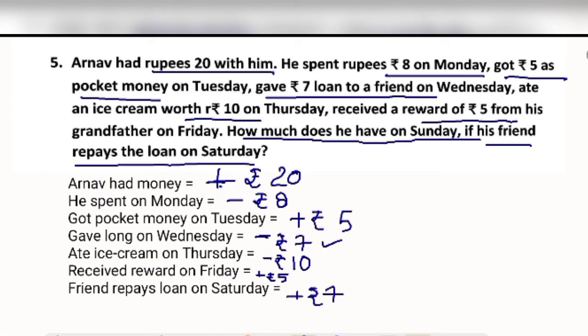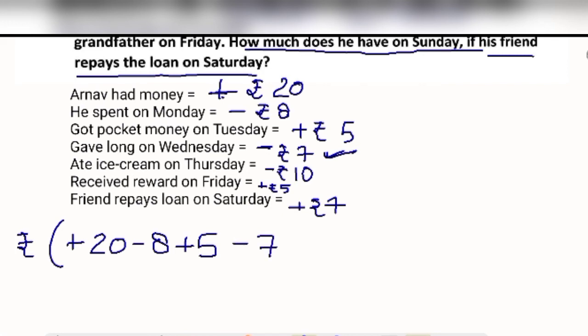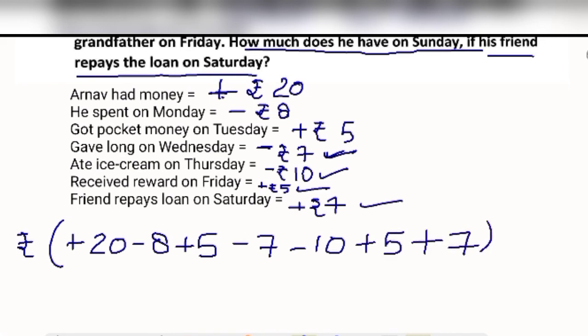Now they're asking for the total money which Arnav has on Sunday. So simply find the total money. Taking rupees common: plus 20 minus 8 plus 5 minus 7 minus 10 plus 5 plus 7. Add them.